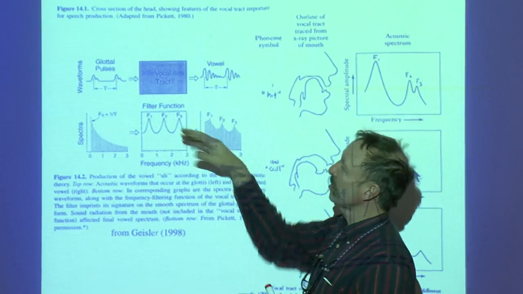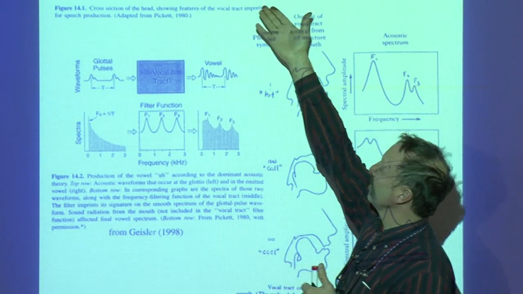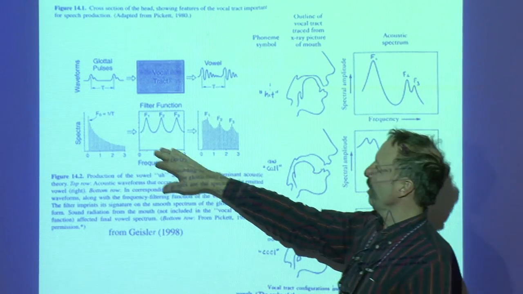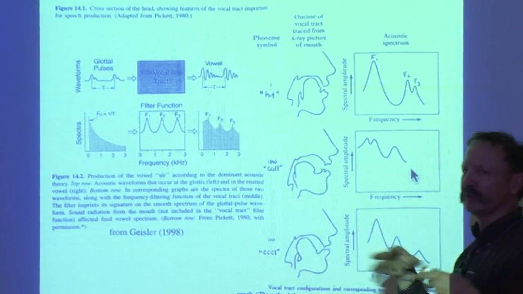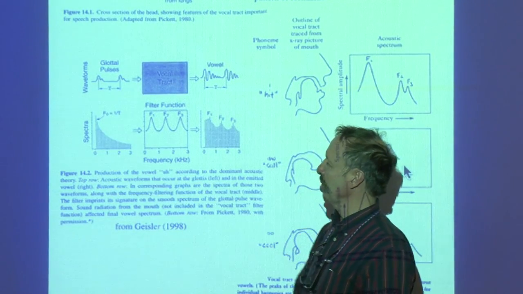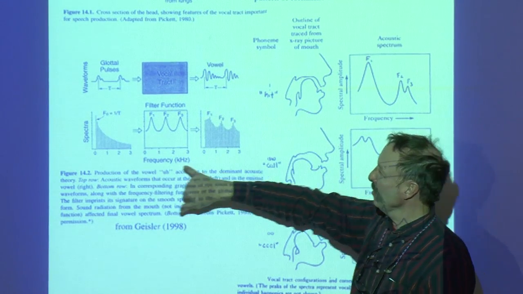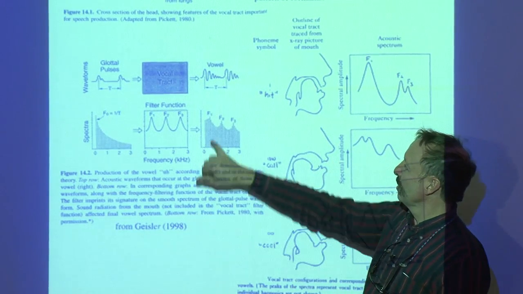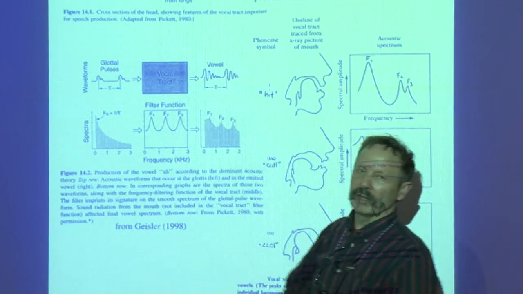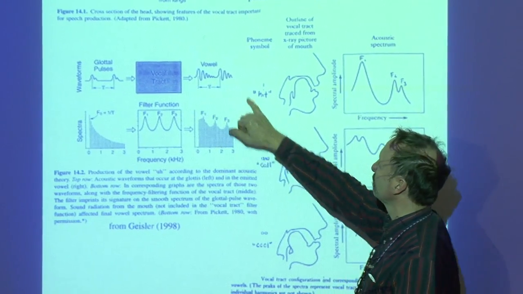And what's kind of neat is that by manipulating, let's say, where your palate is and where your lips are and where your tongue is, you can change that filter function by using the muscles that move things around in your upper vocal tract. After you filter this complex spectrum, you come out with a function where some of these spectral peaks are emphasized and some are not. And here's the function that you would get right outside in the air in front of your mouth. This is the time waveform here.